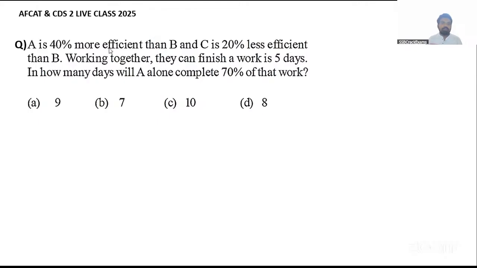So you might be familiar with the word efficient. Efficient means the more accurately or more work a person is doing. Okay. So A is 40% more efficient than B. What does it mean?